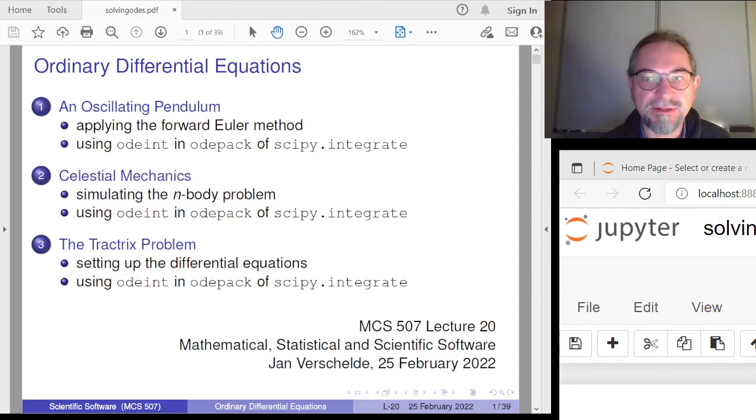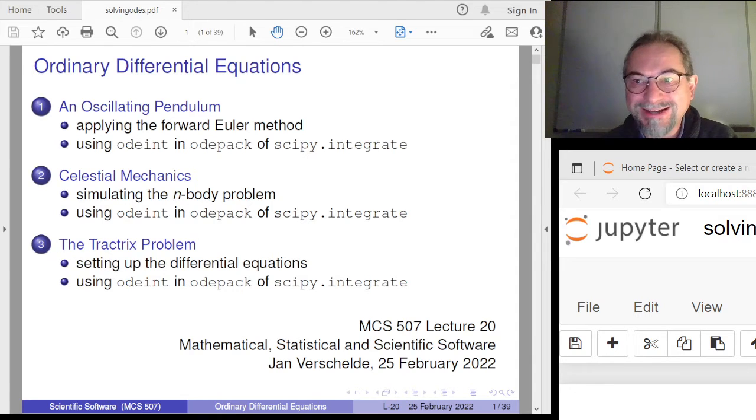So you see here that there are three subsections which are actually three times the same. The three classical models we consider are an oscillating pendulum, then a model of celestial mechanics, and we end with the tractrix problem.